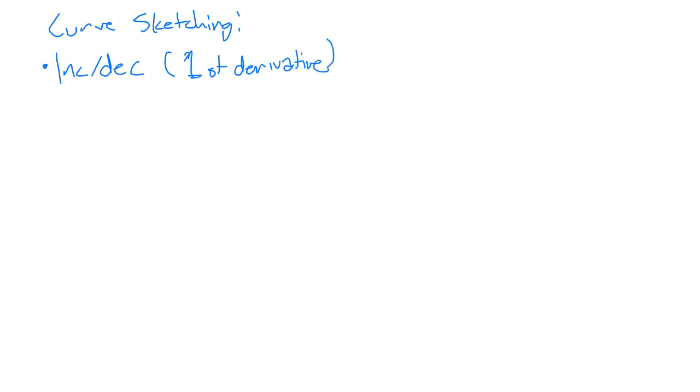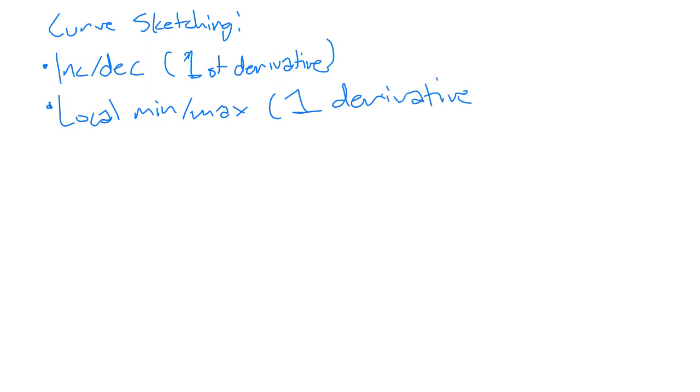Going off of that, we can look at our local extrema. Similar to increasing and decreasing, we use our first derivative test, or if you want to be creative, you can use your second derivative. We use our first derivative test to find our local min and max, and also to help us create a little chart to figure out where our function is increasing or decreasing.